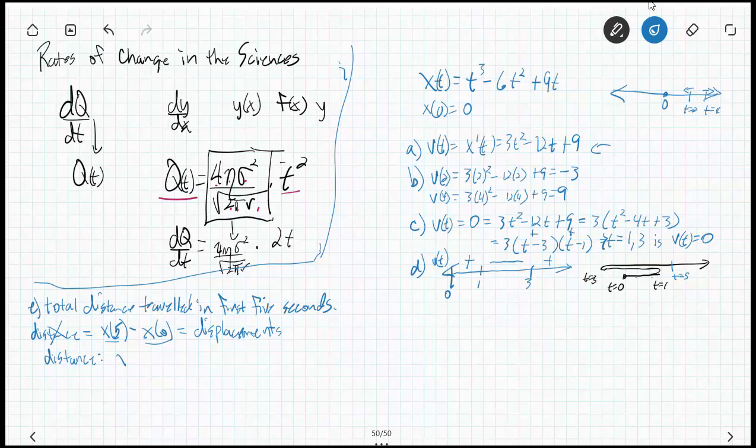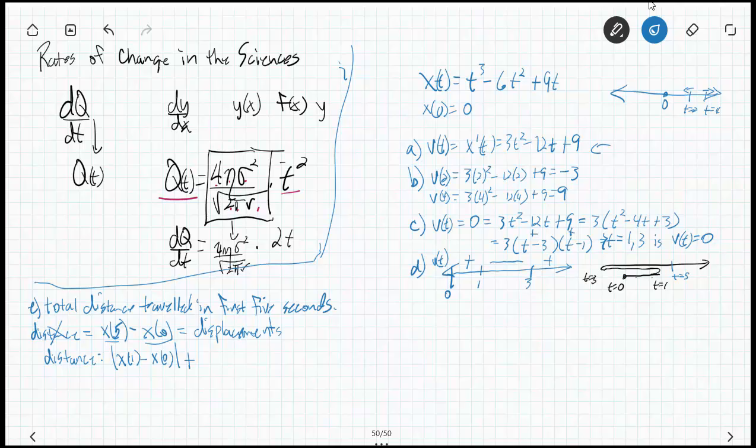So do you agree that I could take x of 1 minus x of 0, and that would give me the displacement from 0 to 1? Now I got to be careful, because displacement can be negative and distance cannot. So the way around that is we slap absolute values on there. Displacement is allowed to be negative. If I end up left of where I started, displacement would be negative. So I slap absolute values around it. Then I would add to that from t equals 1 to t equals 3.